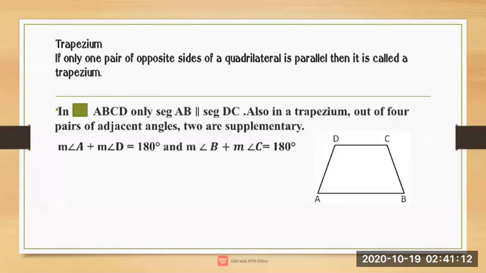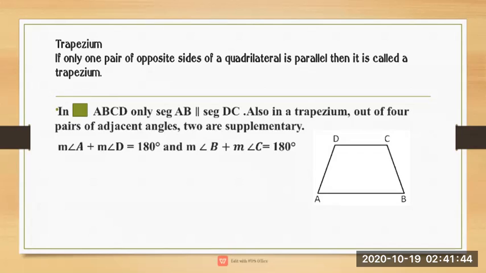Now in trapezium you can see a quadrilateral ABCD. You can see the figure ABCD. Here only segment AB and segment DC are parallel. Segment AB is parallel to segment DC. Also in a trapezium, out of four pairs of adjacent angles, two pairs are supplementary, meaning they sum to 180 degrees.